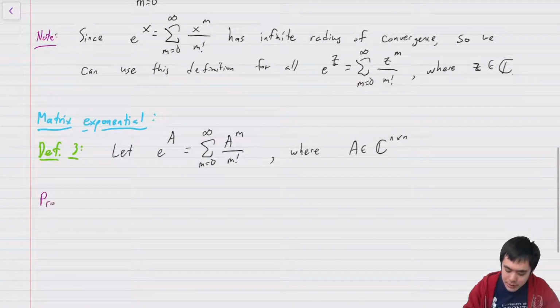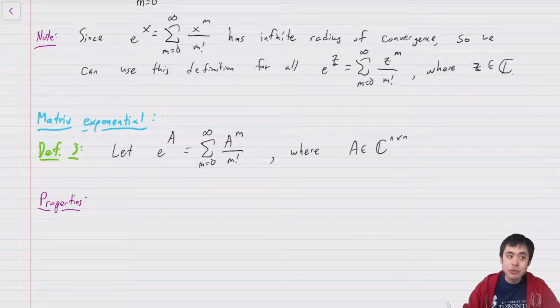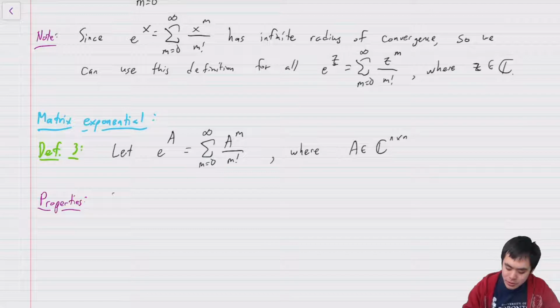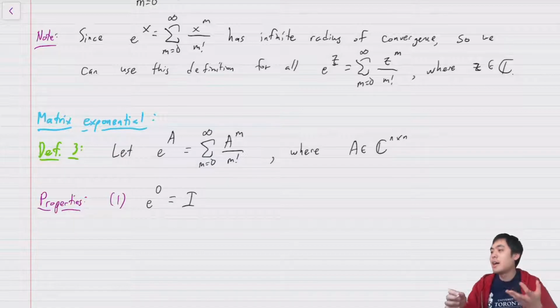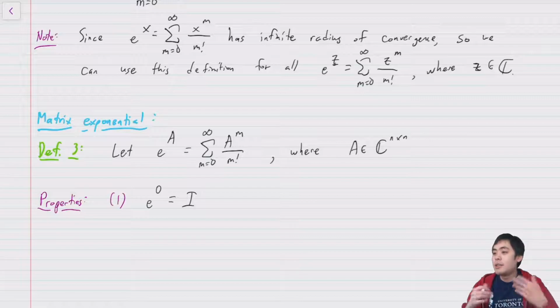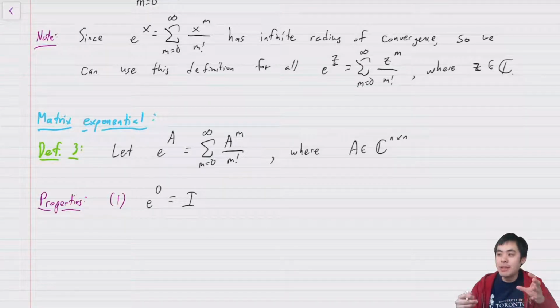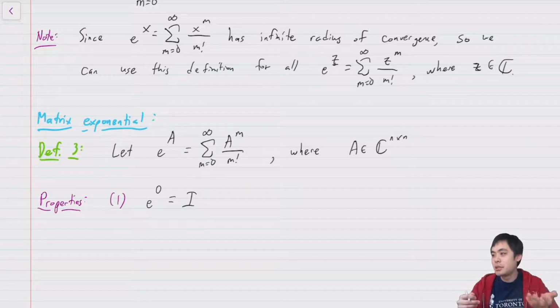And this has a couple of nice properties that really match the definition of an ordinary exponential. I'm not going to go through all the properties of it since there are too many, but let's start with e to the 0 matrix is equal to the identity matrix. As before, when x was a real number, e to the 0 was equal to 1.